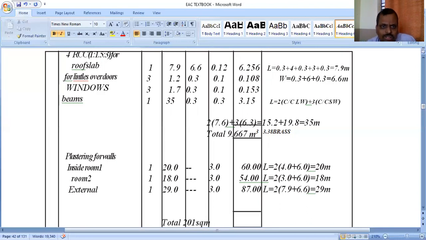Okay, so first of all we are going to see the roof slab. For that purpose we first find the total length as well as the total width of the whole plan. So the total length will be 0.3 plus 5 is the length of the first room, plus 0.3 is the junction wall in between the two rooms, plus here it will be 4.